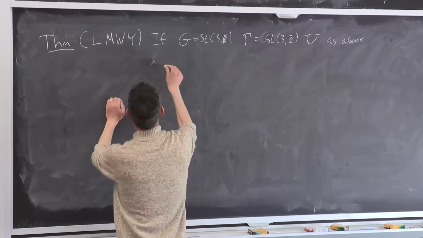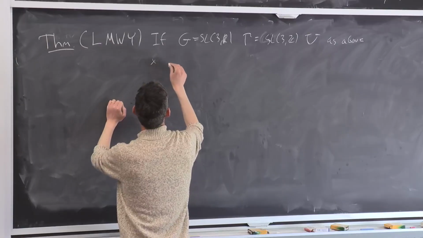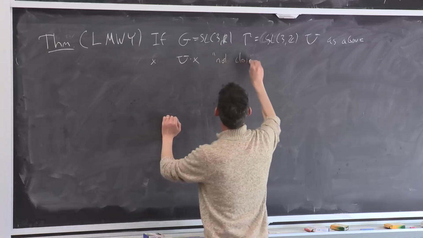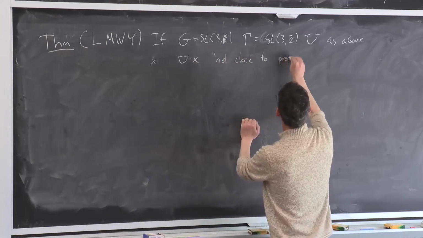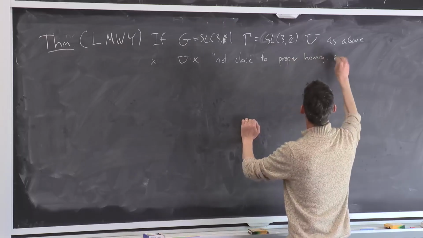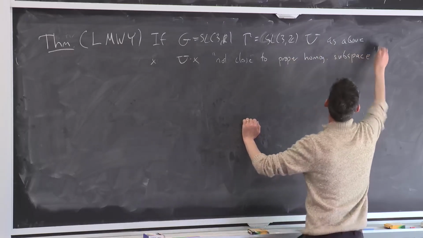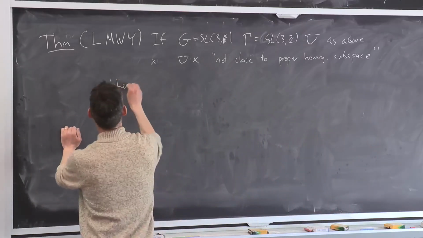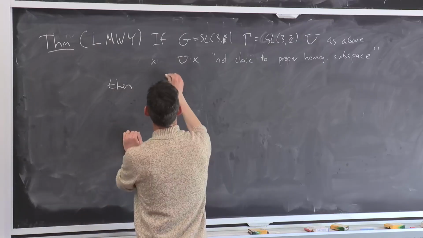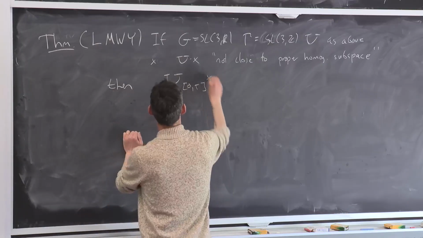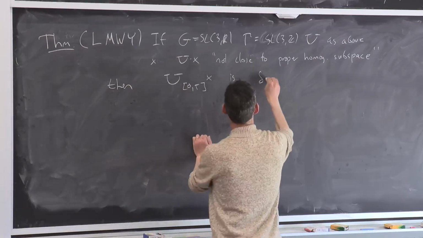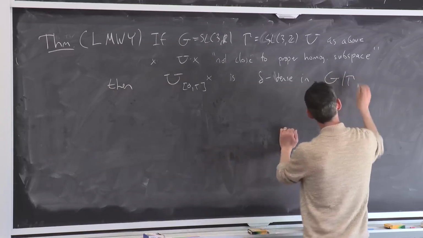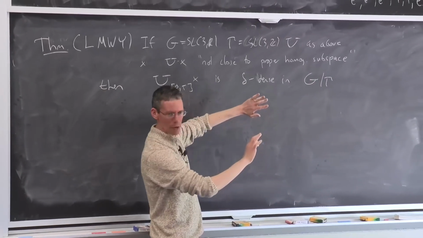OK, we take X, and we suppose U dot X is not close to a proper homogeneous subspace. So this is some analog of being not close to periodic. OK, then the conclusion is that U_[0,T] of X is delta dense in the homogeneous space. But the homogeneous space has infinite diameter, so this can't quite be true.